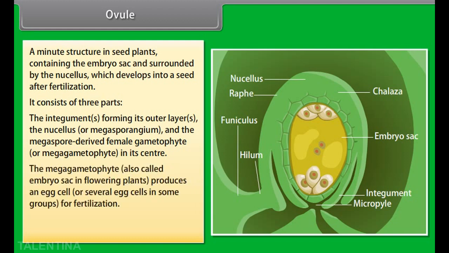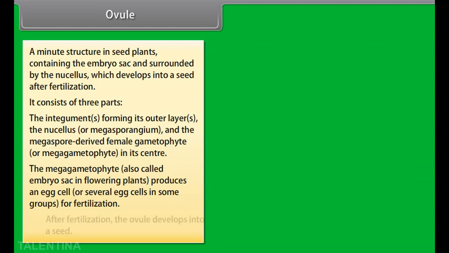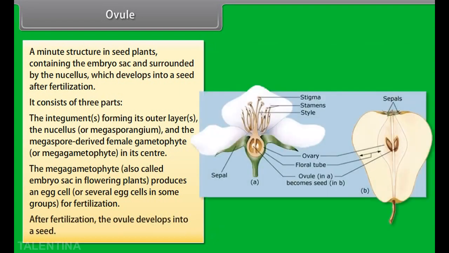The megagametophyte, also called embryo sac in flowering plants, produces an egg cell or several egg cells in some groups for fertilization. After fertilization, the ovule develops into a seed.